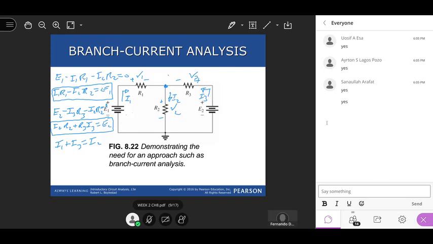So this is what we did last class, right? Any questions so far on this? What we did last class? Any question you have on how to get a system of linear equations from the circuit here? Okay, I assume it's okay then.